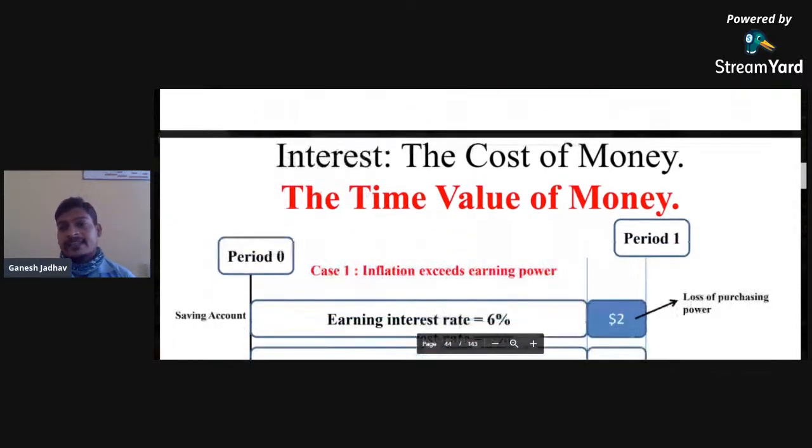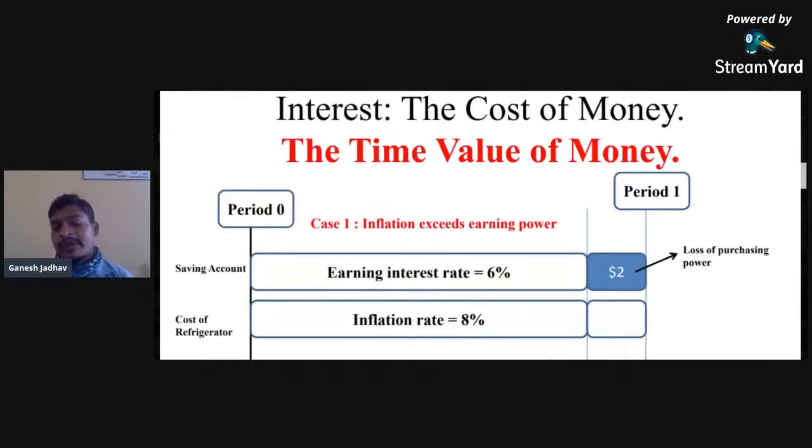Okay, then we move toward the interest. This is one of the examples: inflation exceeds the earning power.